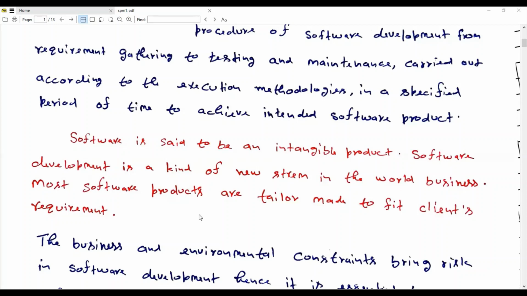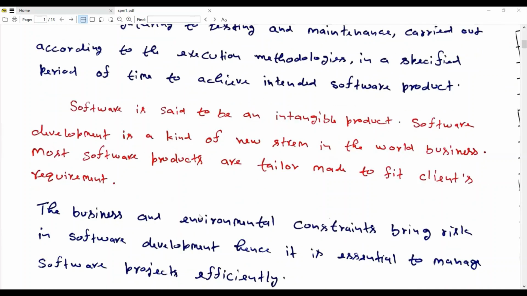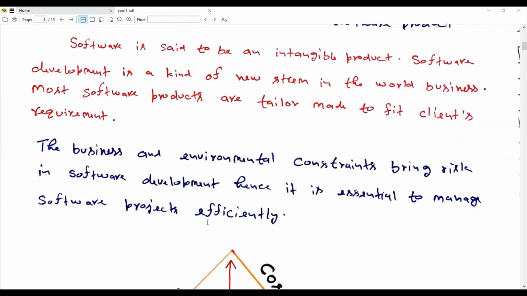And intangible things are those which we cannot touch. Software development is a kind of stream in the business world, and most of the products are tailor-made for the client's requirement. Or even 99.9% of software is prepared and developed to meet the client requirement.